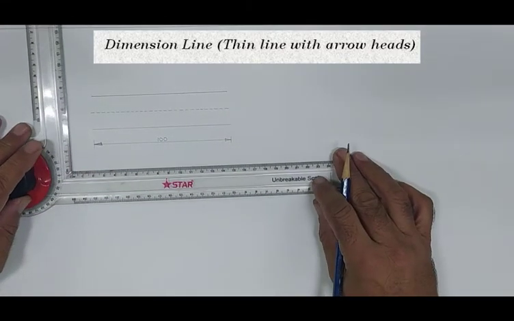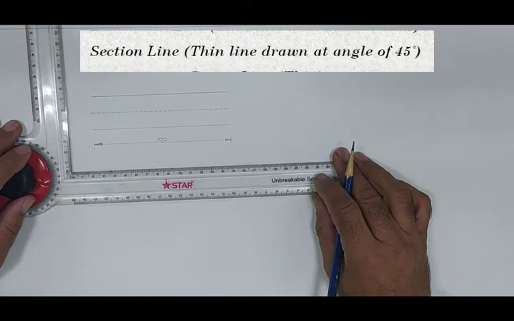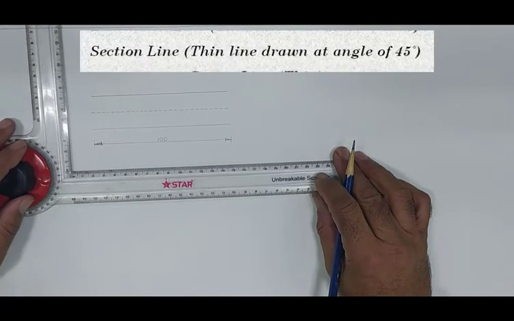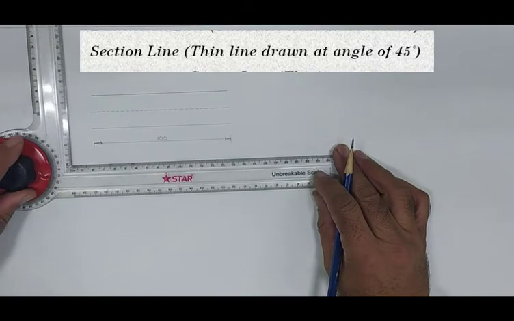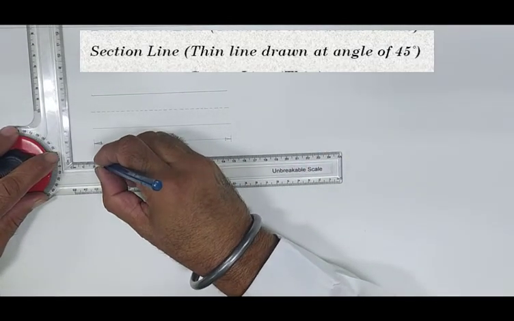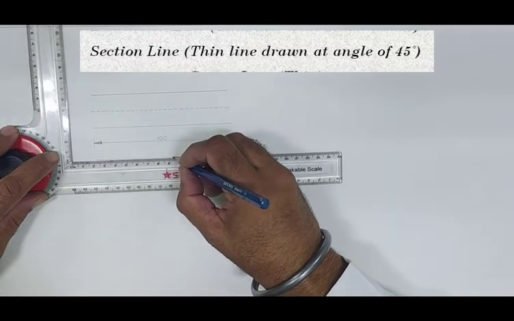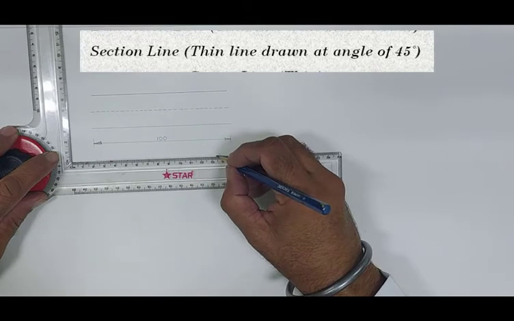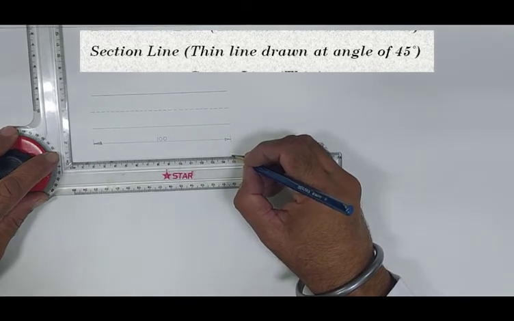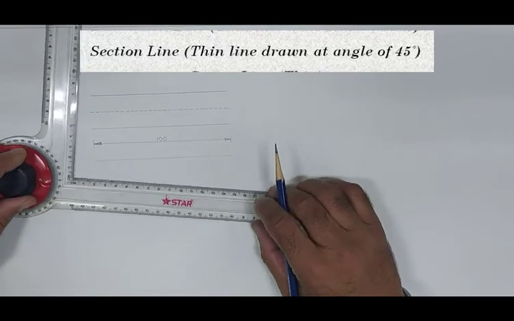Then we have the section line. The section line is again a thin line that is drawn at an angle of 45 degrees. This is my section line. It is again a thin line but drawn at an angle of 45 degrees.